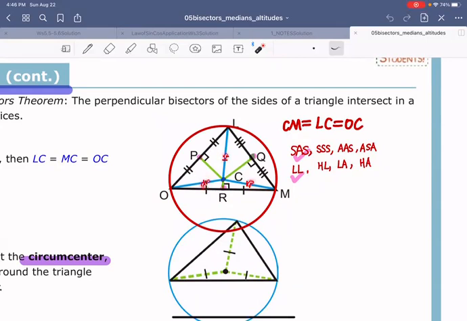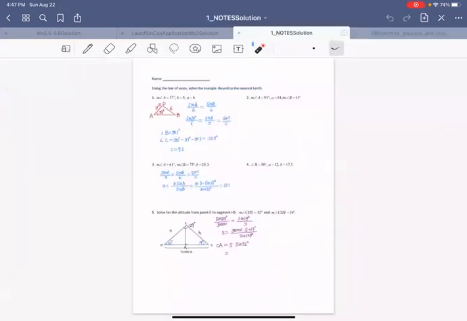These three are equal. If you choose this circumcenter as the center of the circle, and you choose this piece as your radius, you can definitely draw a circle. And this is the radius. How long is this radius?